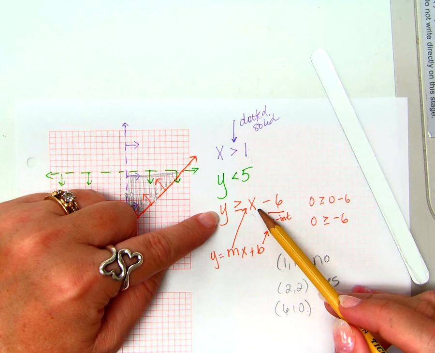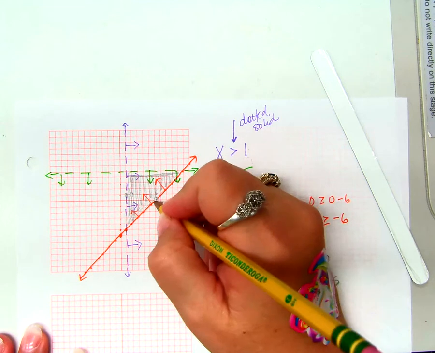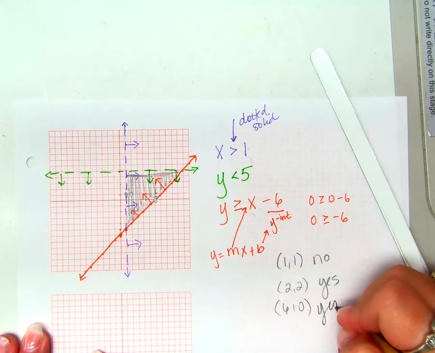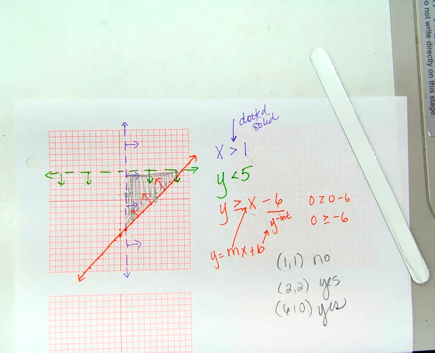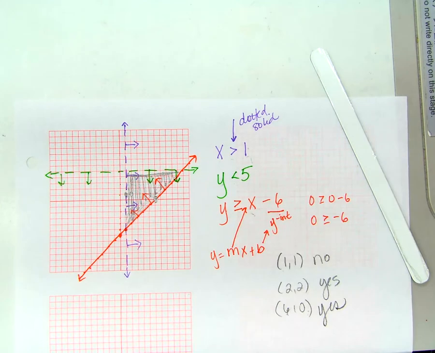Because it's greater than or equal to, and it is equal to. So (6, 0), even though it's on the line, works because it's solid. That's exactly right. So if the point lies on a dotted line, is it a solution or not? No. But if it lies on a solid line, yes.